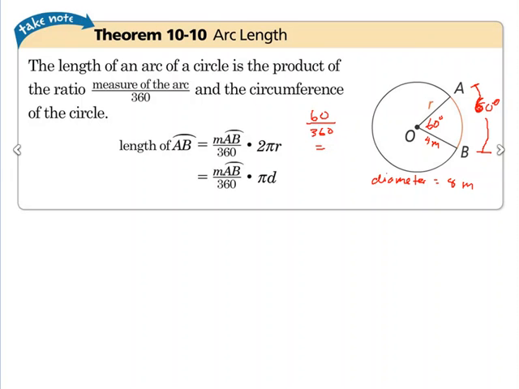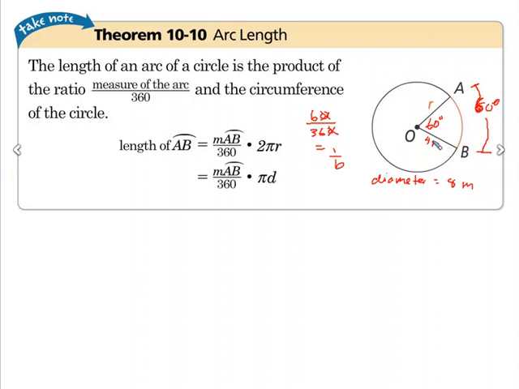I can divide both those numbers by 10, and 6 and 36 both divide by 6. So that means I really have 1/6 of the circle. In other words, the distance around this arc is 1/6 of the way around the whole thing.